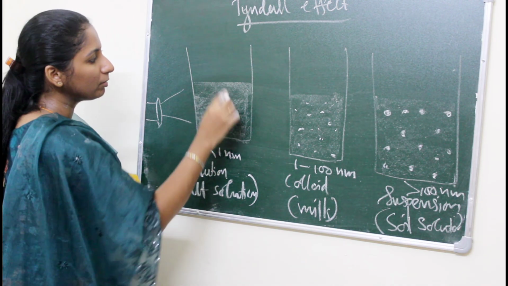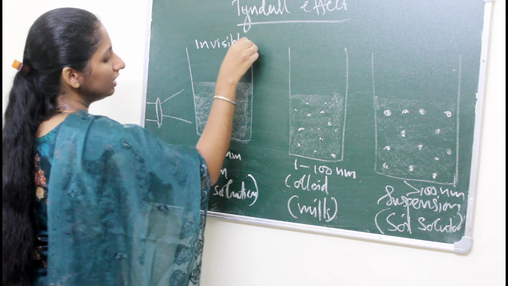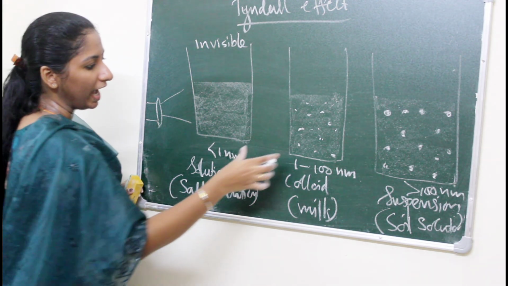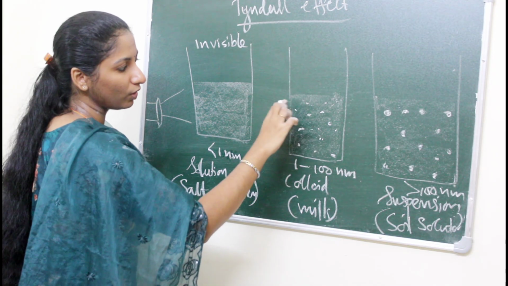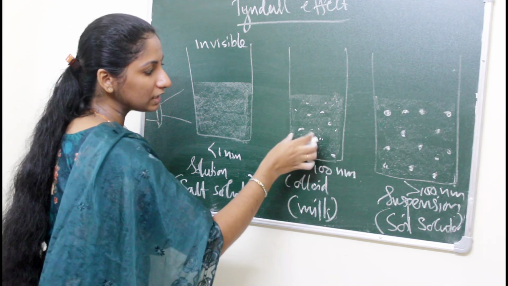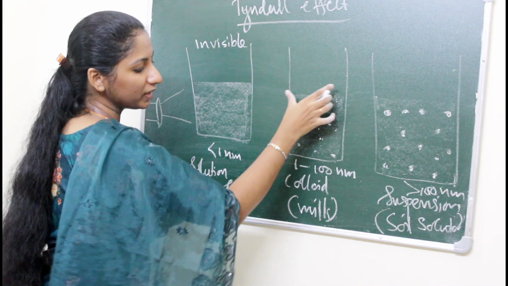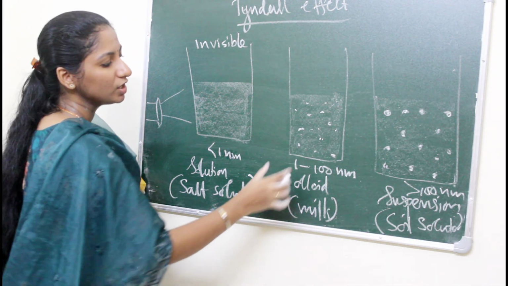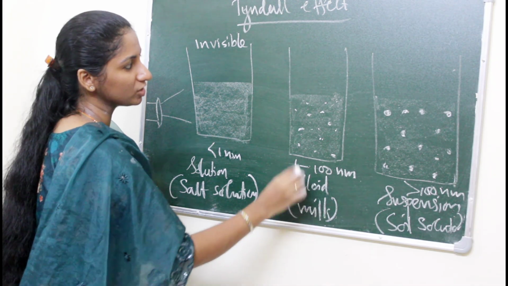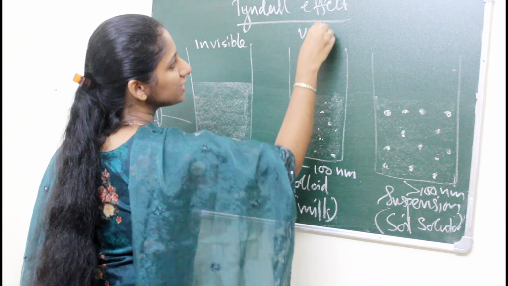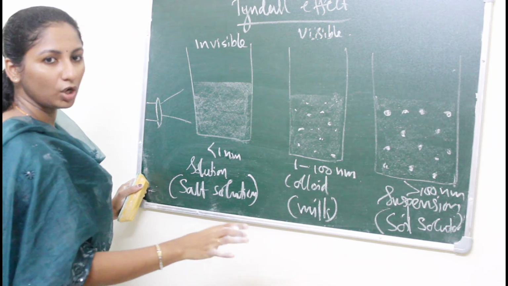That means the beam of light is invisible in case of solution. And when we are passing the beam of light through the colloid solution, what will happen? We can see these particles within this colloid. Okay. Because the particle size is in between 1 and 100 nanometers. So the beam of light is visible in case of colloids.